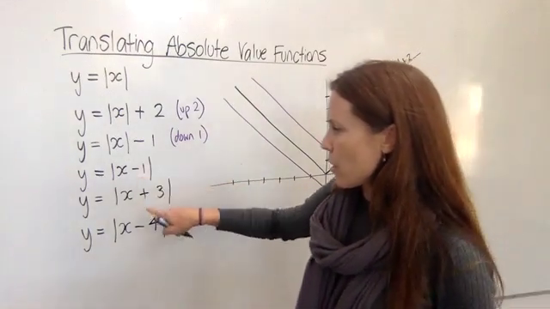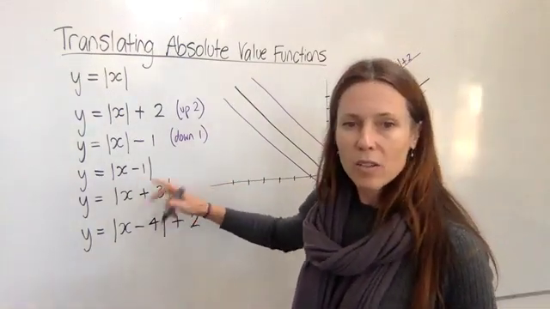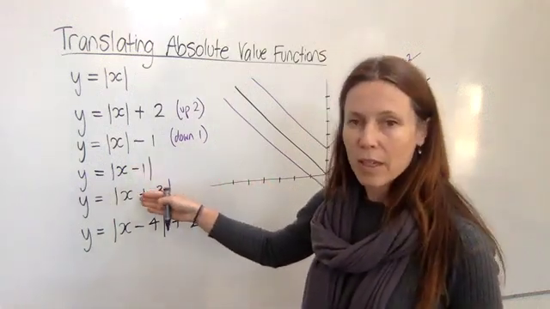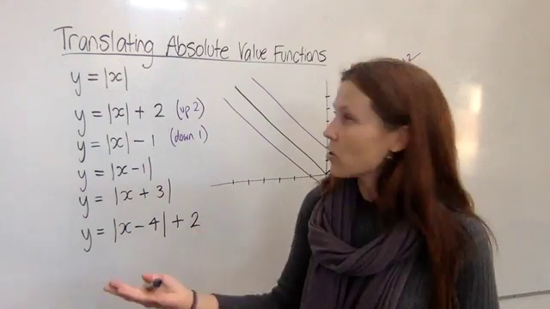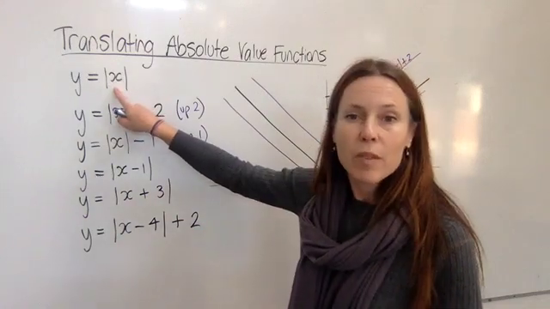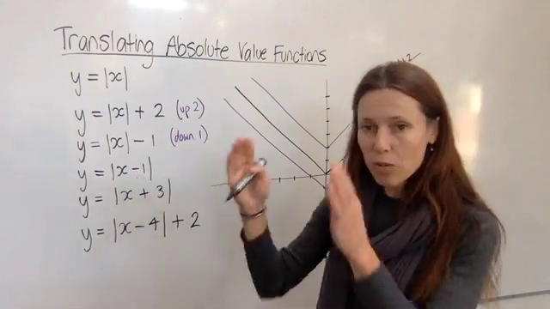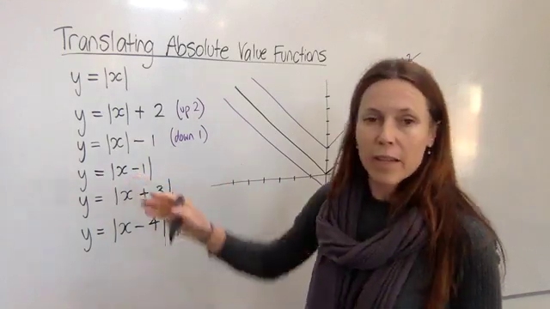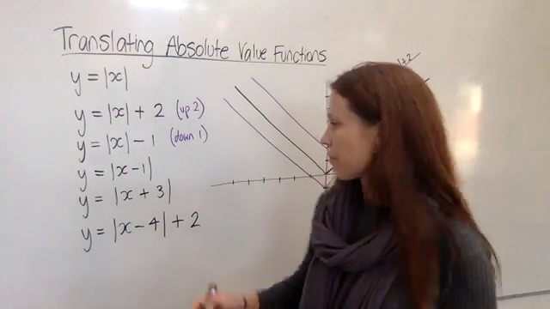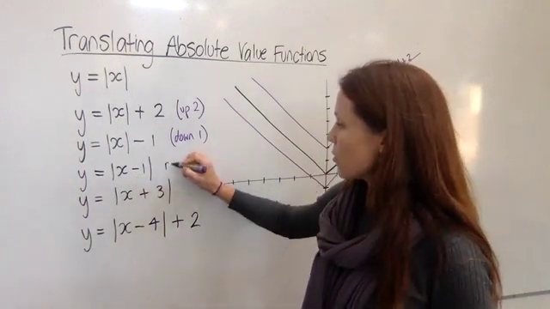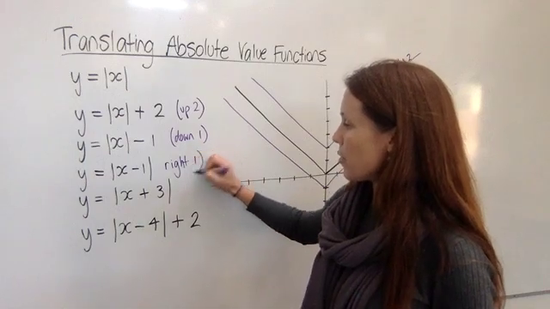Now, what's going on here? We've done the minus 1 here and the plus 3, and they're not tacked onto the end. They're actually bound closely with what the x is doing in this function. Now, what is the x doing in this function? It's sitting inside absolute value brackets. So if that minus or plus something is also sitting inside the brackets with the x, that tells you it's shifting left to right. We remember that the minus is shifting right, so this one is going to the right 1 unit.